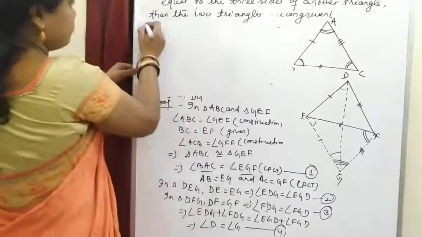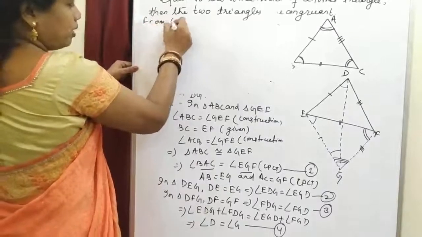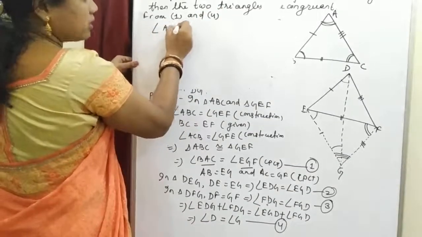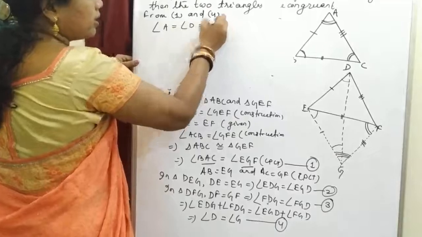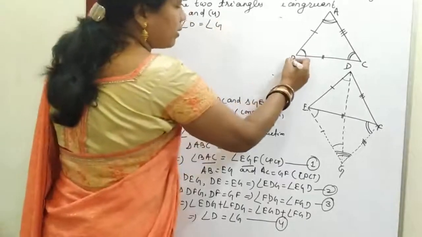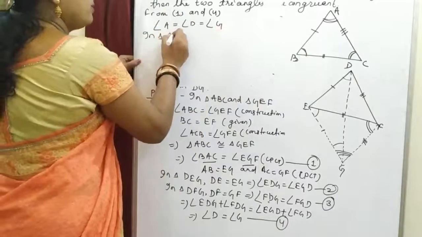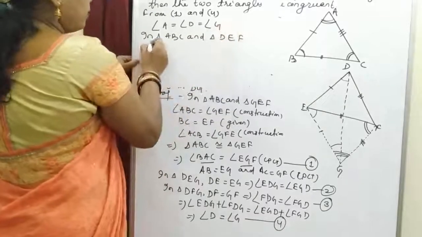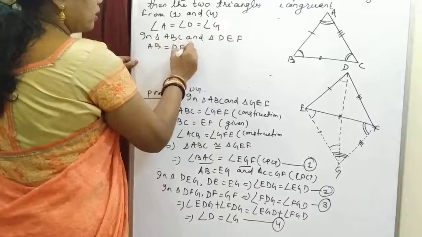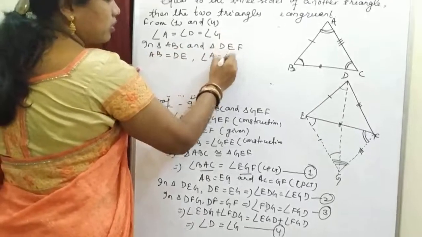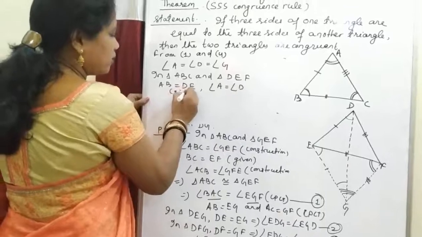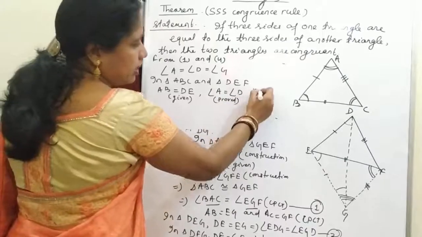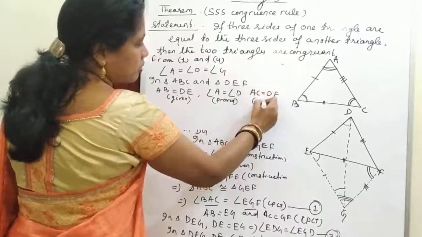So from 1 and 4 we got angle A is equal to angle D is equal to angle G. Now we can compare in triangle ABC and triangle DEF: AB is equal to DE, and angle A is equal to angle D, which we have proved, and AC is equal to DF, which is also given.